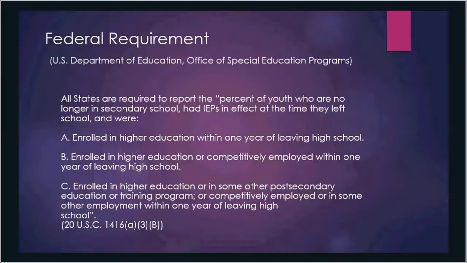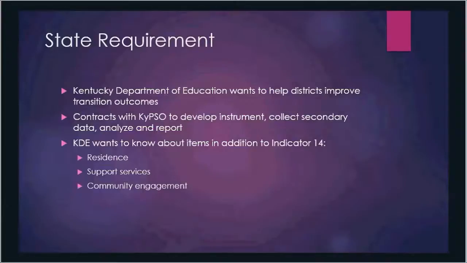So the federal government requires states to do it, and the state of Kentucky also, in turn, makes it a requirement. And I am very happy that they make it such a high priority. The Kentucky Department of Education wants to help districts improve transition outcomes, and they contract with us to help them in that regard. We develop the instrument, we collect secondary data.